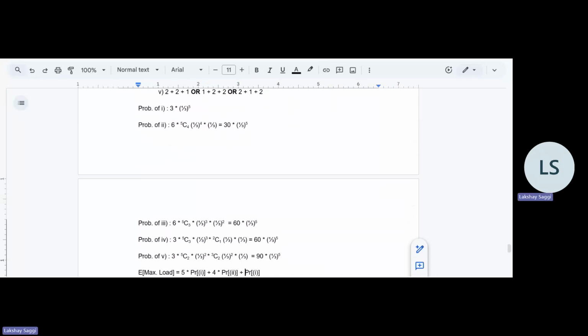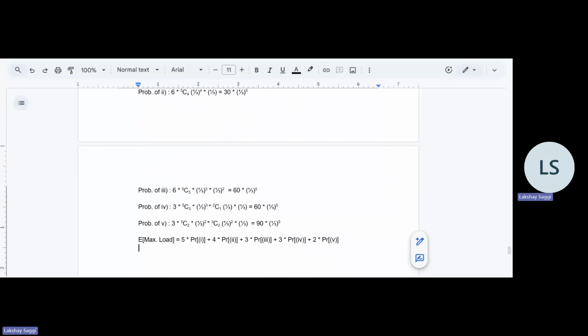And similarly 3 times the probability of case 3, and again 3 times the probability of case 4, because in case 4 also the max load was 3. And then in case 5 we had a load of 2. So this is the answer.